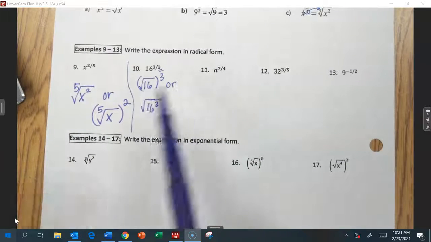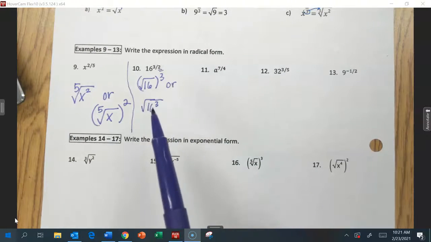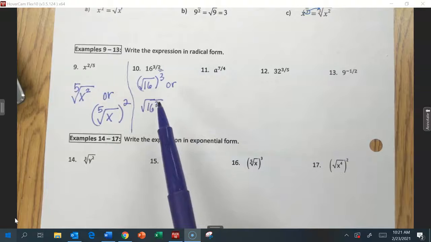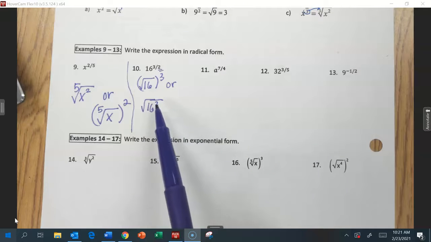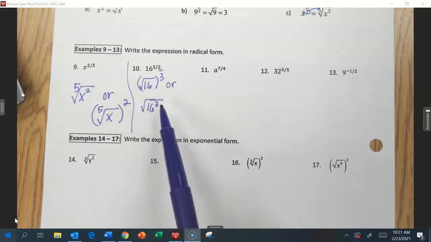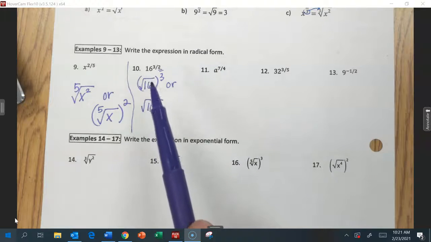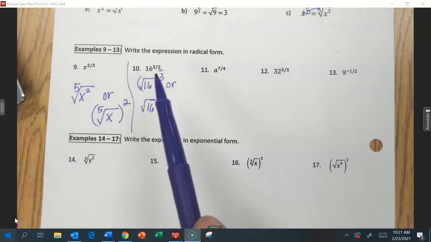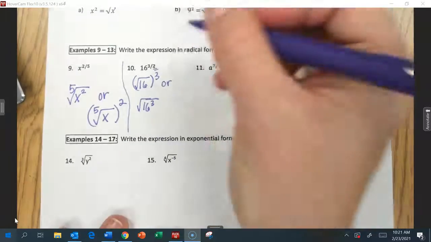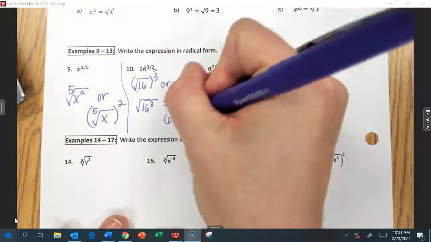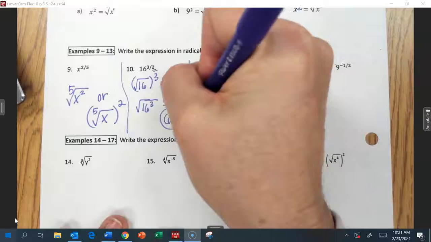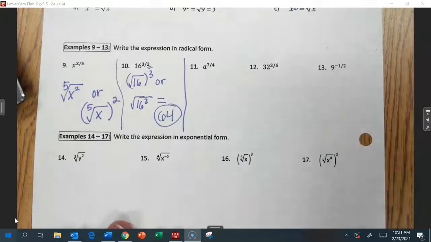Once again, it doesn't matter, but for me to do 16 to the third power first underneath the radical and then take the square root, I can't really do that without a calculator. I just don't have that memorized. But I know that the square root of 16 is 4, and then 4 times 4 times 4 is going to give me 64. So that's why we're giving you options there, okay?